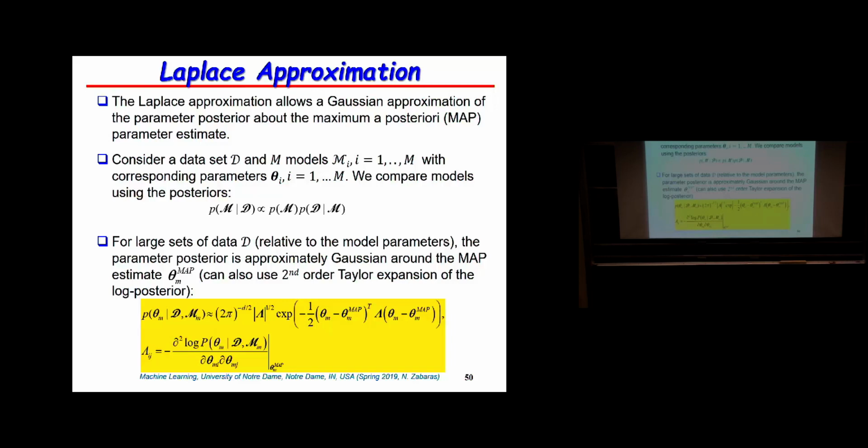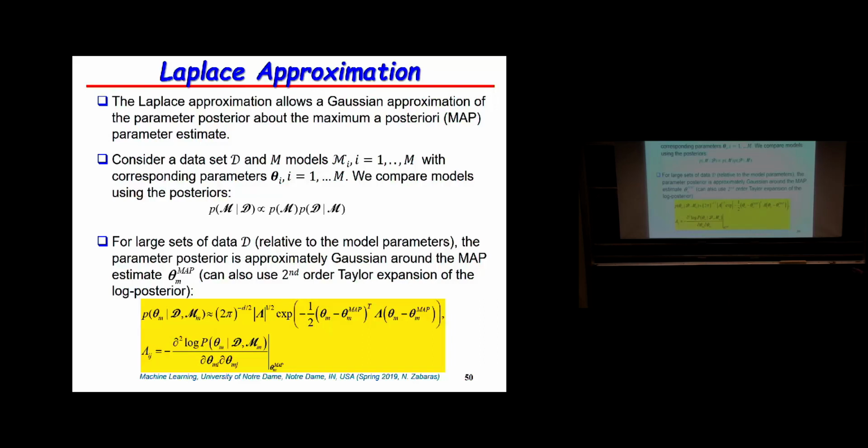Every time you have difficulty doing anything, you do a Laplace approximation, hoping for the best. It's very universal. The only thing it assumes is that you have data. If you don't have data, it will be very questionable to use this approximation. Also, if your posterior is multimodal, you cannot use it, because this is approximated with a single mode Gaussian.